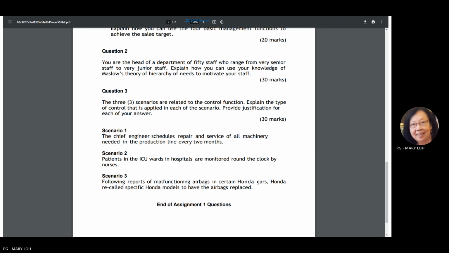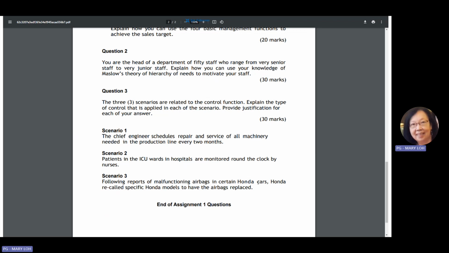Scenario 3. Following reports of malfunctioning airbags in certain Honda cars. So this happened a few years back, isn't it? I think before the pandemic itself. This actually happened. This was a real incident. Not only Honda cars, Toyota cars as well, and many other brands, whereby the companies actually recall the cars and they put in the newspaper, if you own a Honda or Toyota Vios model, or Honda Civic model of what year, etc. They tell you all the different years.